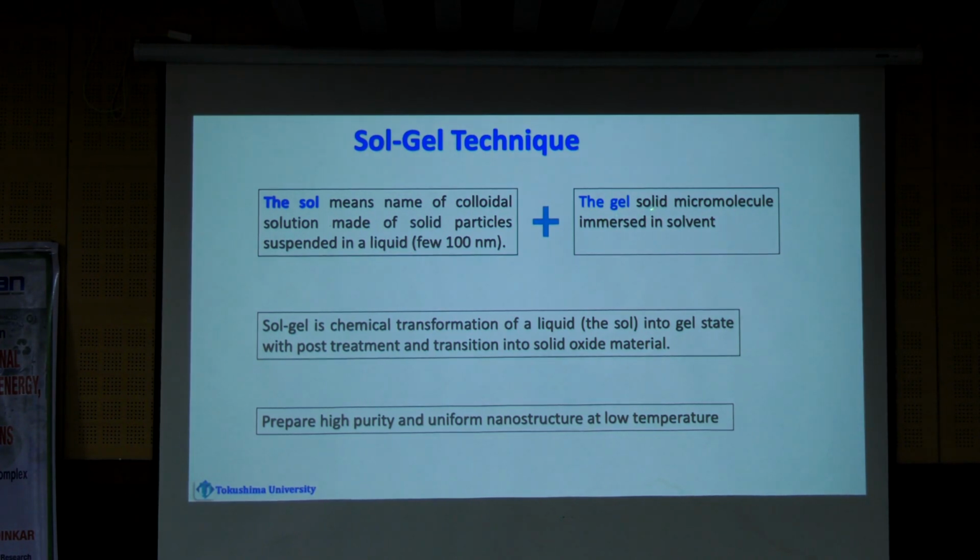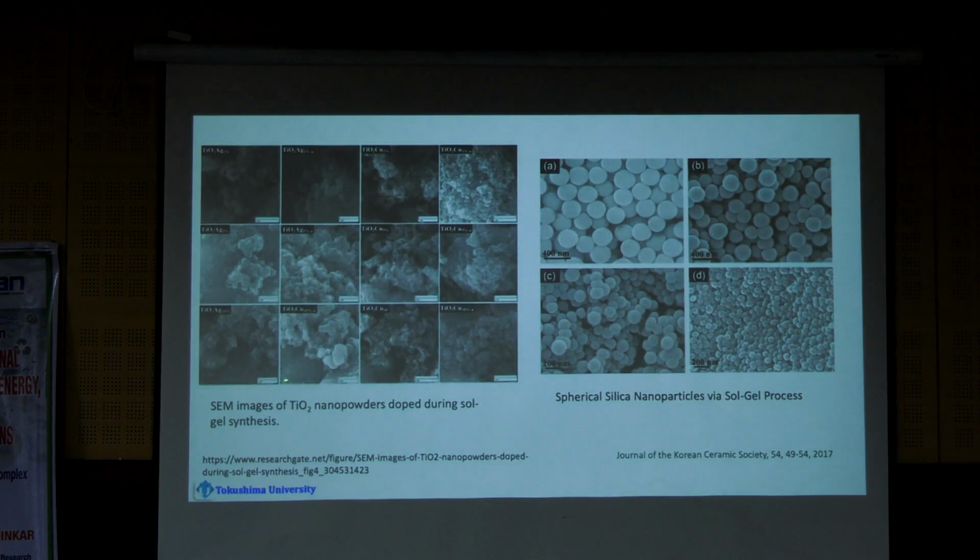The gel is the solid macromolecule immersed in a solvent. So gel looks like solid, but it is called a macromolecular size. And solution means it's pure liquid. So you mix together and give a certain kind of pre-treatment to make the nanostructure.